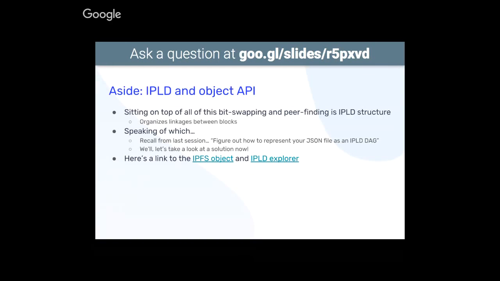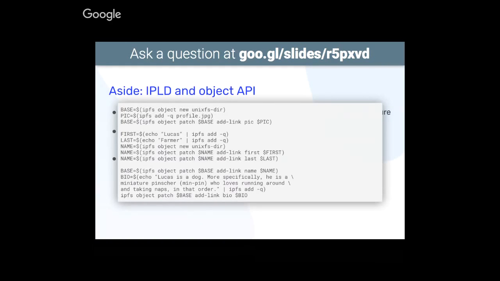So first things first, here's a link to the IPFS object, which you can look at in your browser like anything over a gateway. And then the second one is a link to the IPLD Explorer to actually explore this particular DAG object. And then here is the code to actually generate a simple DAG object. We're going to go through it really quickly, line by line.